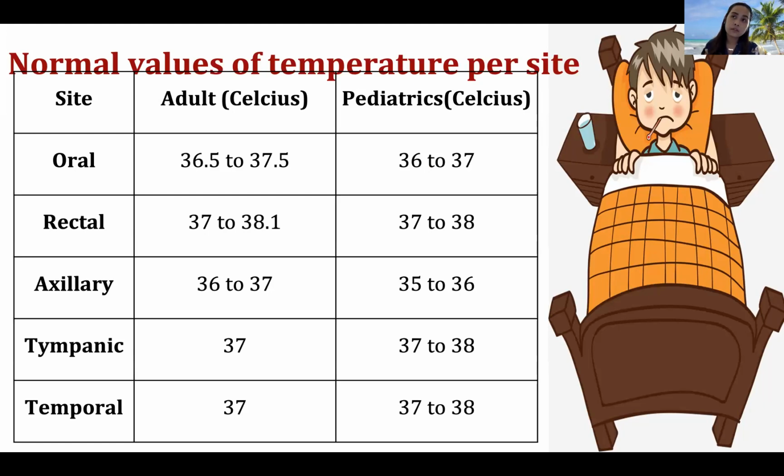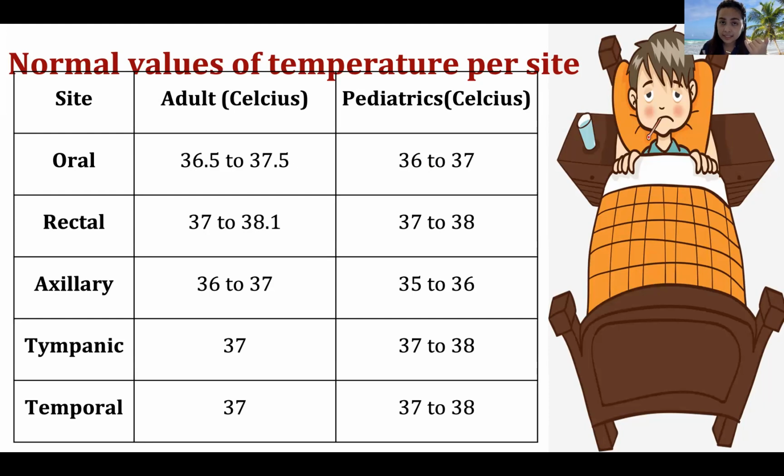So we will not tell that a patient is febrile if the site of the temperature we use is from the rectal. See, the normal temperature of your rectal is 37 to 38.1.